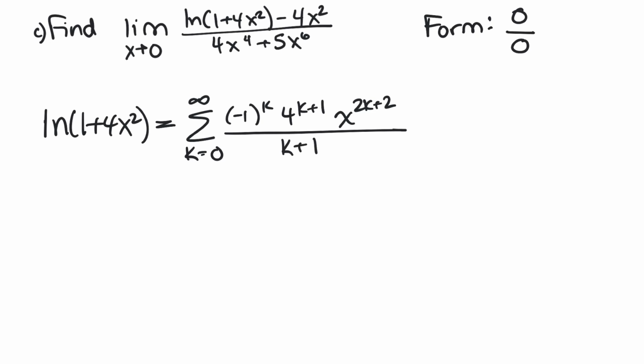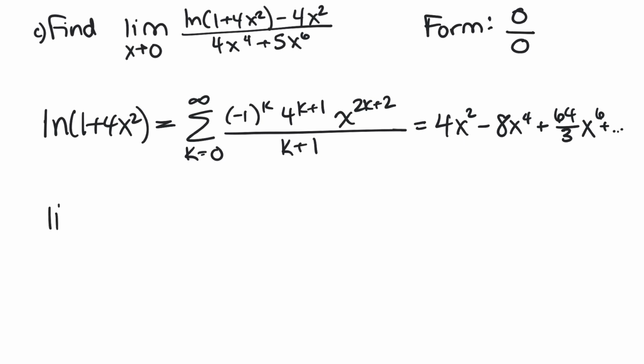And so if we write out the first few terms, we're going to see that that is 4x squared minus 8x to the 4th plus 64 thirds x to the 6th plus ... and we could keep going. But hopefully that will be enough terms for us to figure out this limit.